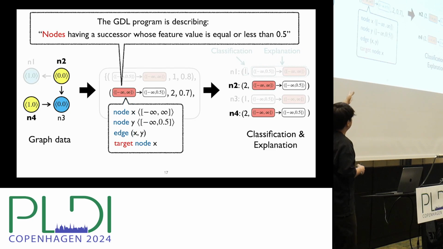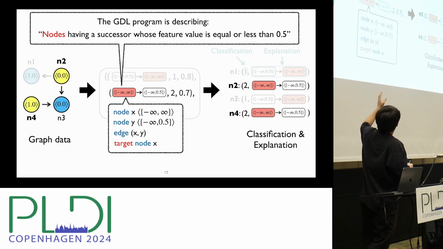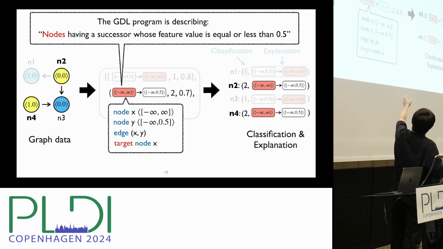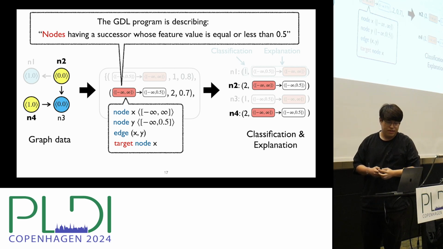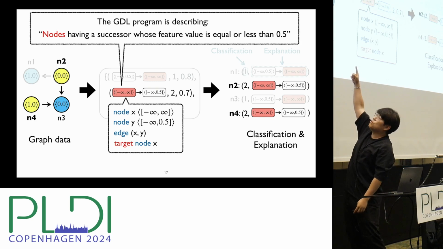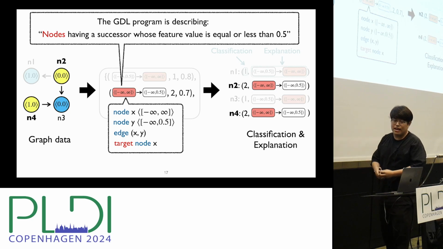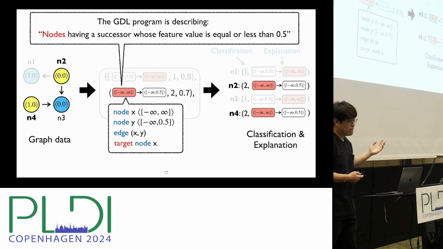The second program is describing nodes that will be classified into label 2, and it describes nodes having a successor whose feature value is equal to or less than 0.5. So the 2 nodes N2 and N4 are classified into label 2 because they have a successor N3 whose feature value is 0, which is equal to or less than 0.5.